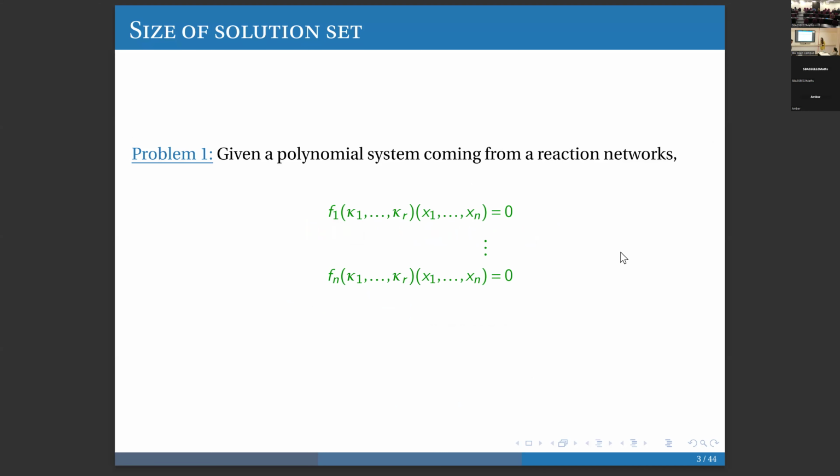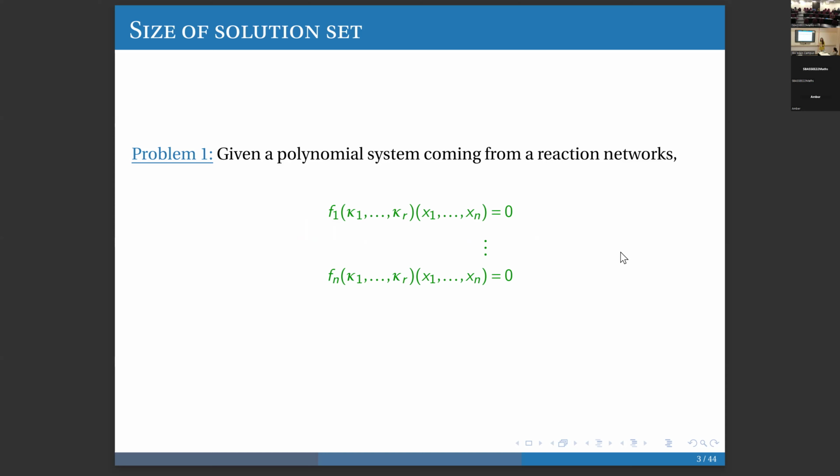The first problem: we have a polynomial system, nonlinear polynomials in n variables with parameters, coming from a reaction network. So it has a structure that we saw in the former lectures. It has a fixed support.